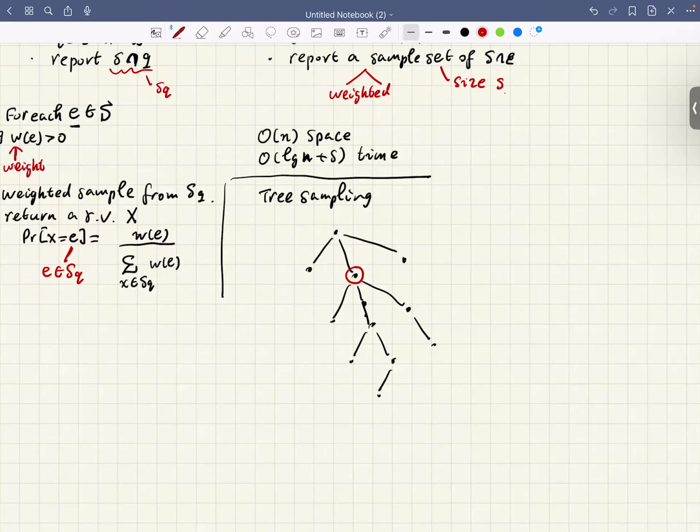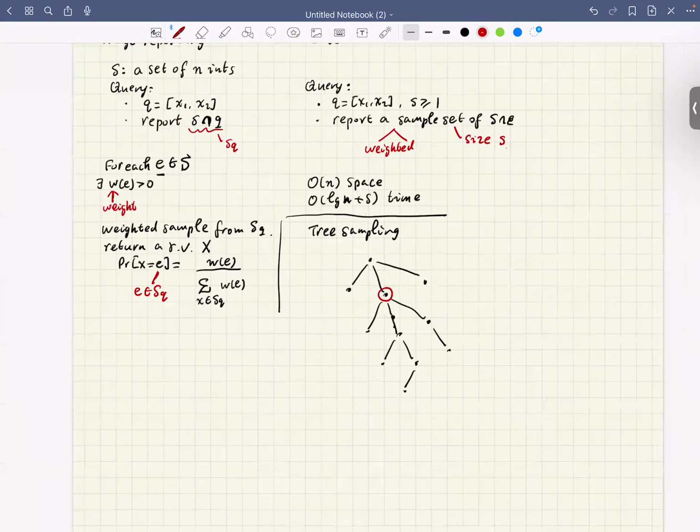But if we're able to completely remove this log n, let's say in each tree sampling you do just 1 plus s, then since you need to solve log n tree sampling problems, and each gives you only one, overall you will get log n plus s, and there will be no deterioration from the B tree to its IQS version. So that's how things work. Yeah, good. Very nice.